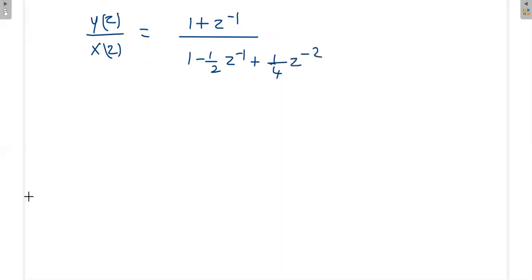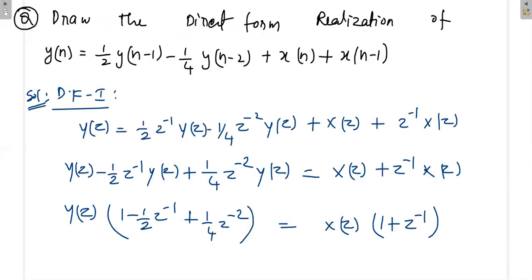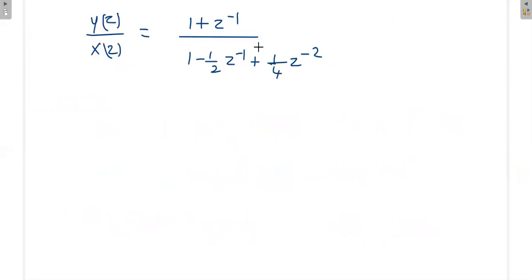Now for realization of the direct form 1 structure, we can operate from this step itself. Say for example, this is equation 1. From equation 1 itself, we can operate for direct form 1 structure. But this term will be useful for direct form 2 structure.